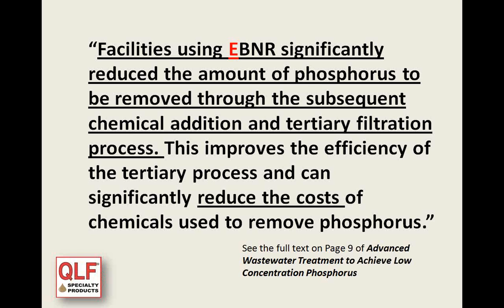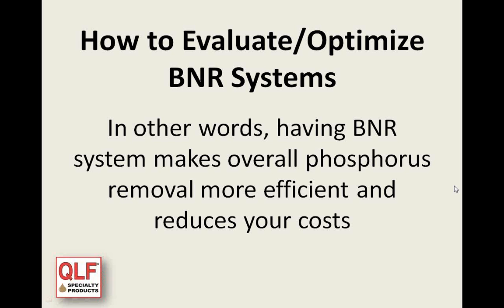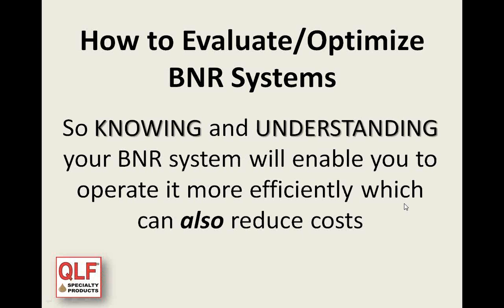This improves the efficiency of the tertiary process and can significantly reduce costs of chemicals used to remove phosphorus. This is actually taken from page 9 of that manual. In other words, what it's saying is having an EBNR system makes the overall phosphorus removal more efficient and reduces your costs.